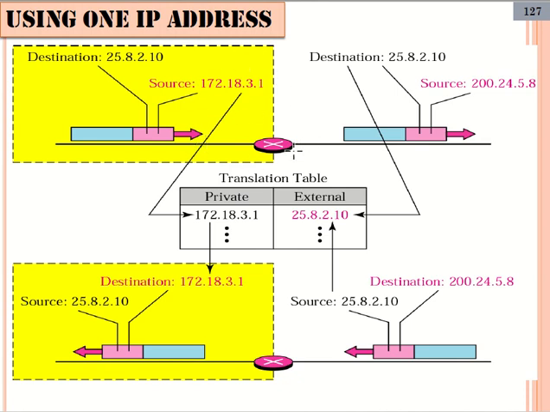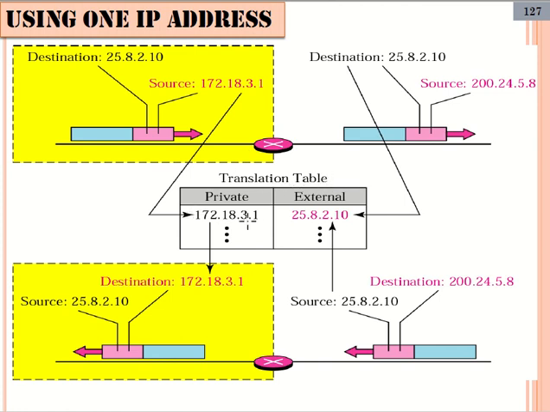What the NAT router will do is change that to the address of the NAT, that is 25.8.2.10. Once it does so, it is going to enter that in a table which is called the translation table.